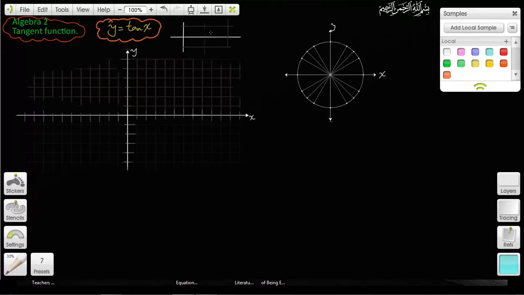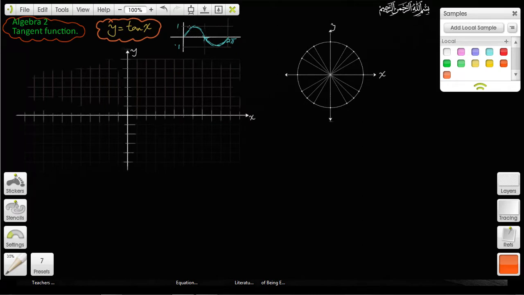We have previously talked about the sine and cosine functions. The sine function, if you recall, looks like this, with its period being 2 pi, and with values between 1 and -1, the amplitude being 1.